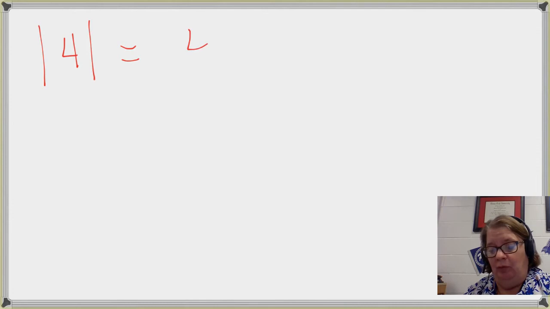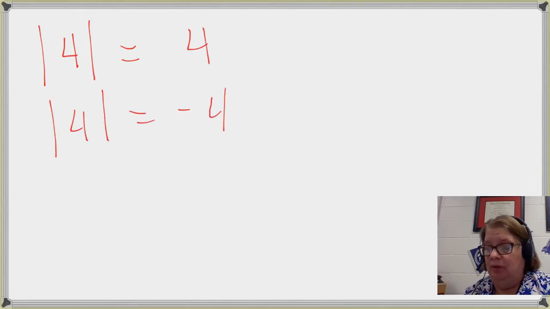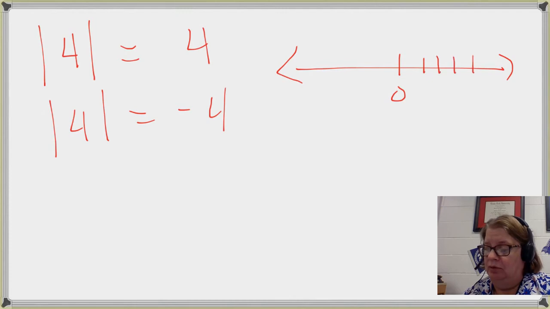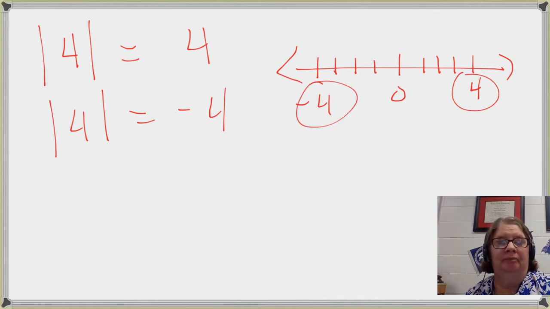So if I have the absolute value of 4, it might be 4, but it also might be negative 4. Because here's 0, and both of these numbers are 4 units from 0. So both 4 and negative 4 have an absolute value of 4.